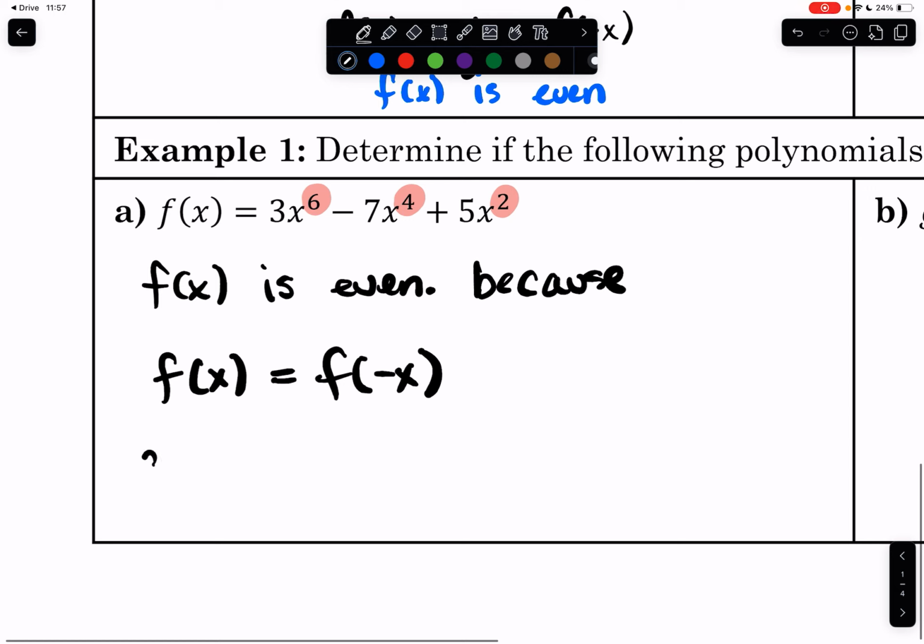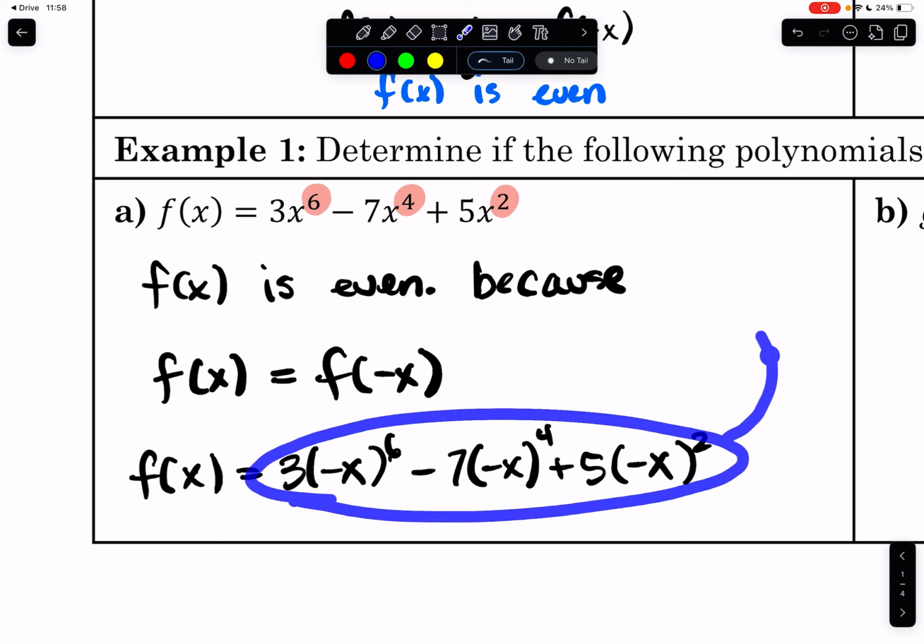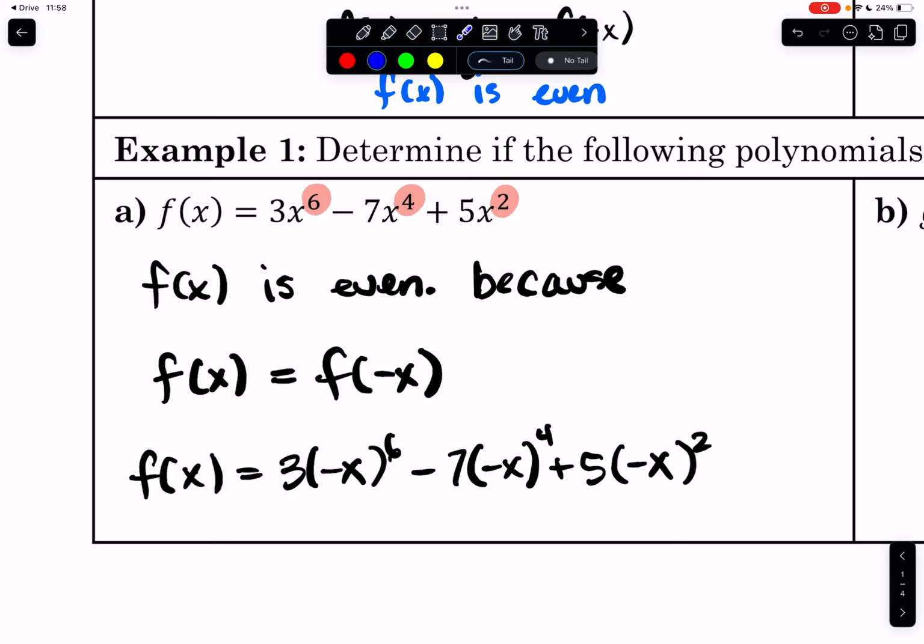When I replace my x's with the opposite x, this is going to simplify back to that. Because this to the 6th power is going to be positive. Since we're going to multiply 6 negative x's, the negatives are going to become all positive.